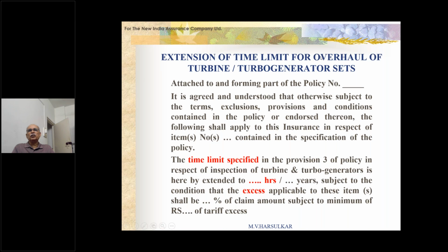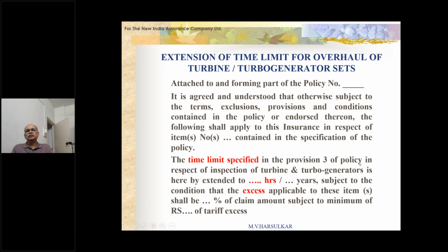Then extension of time limit of overhaul of turbine, turbo generator. Whatever condition is there in the policy, the time limit is specified in provision 3 of the machinery breakdown policy, which says that the turbo generator should be overhauled after 32,000 hours of working.